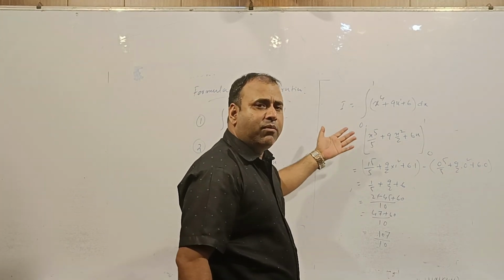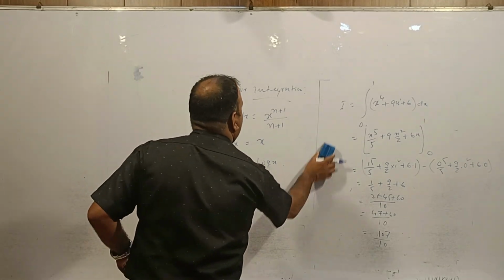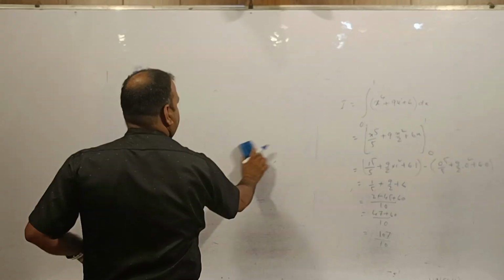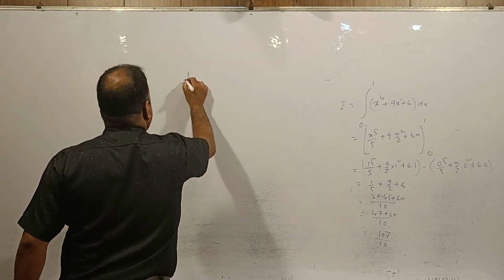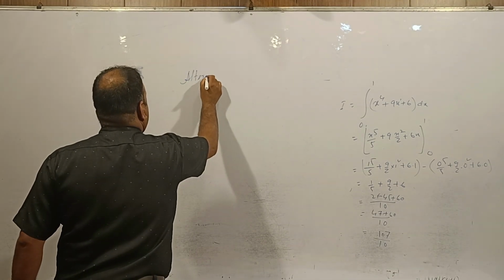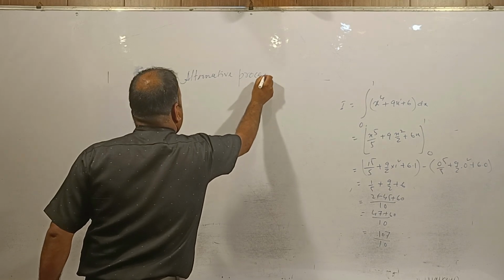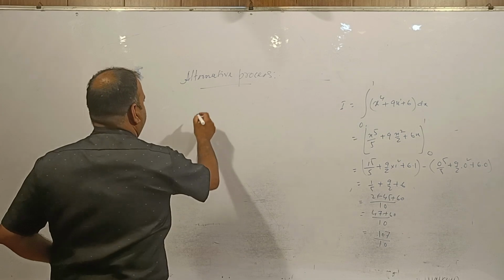So I am showing one more process, an alternative process. Whichever one you like, you can do. So now see the alternative process. I am giving it to you. You can see the normal process I am doing here.